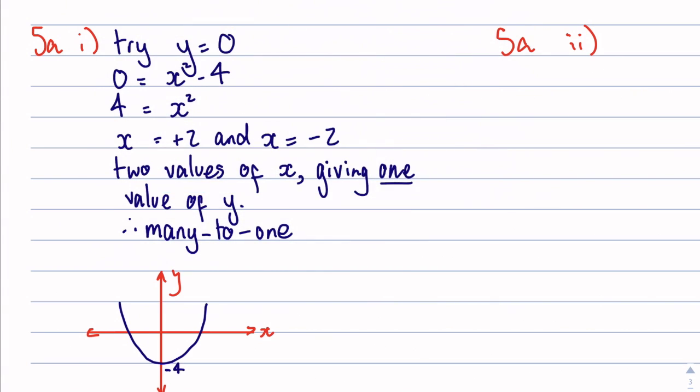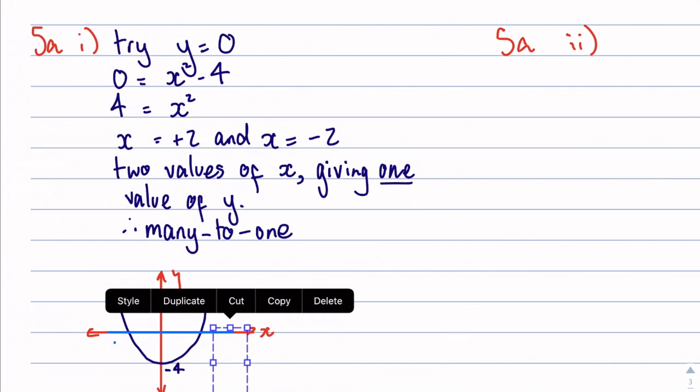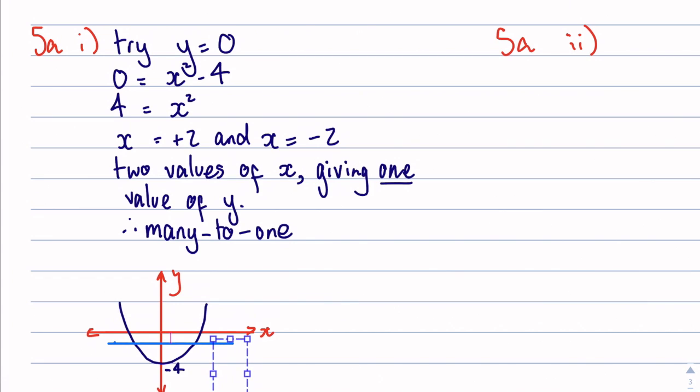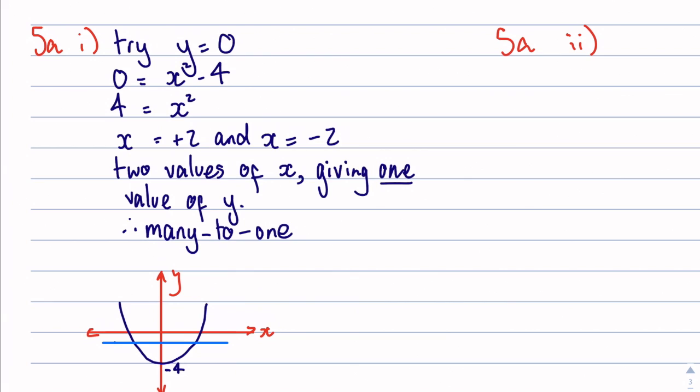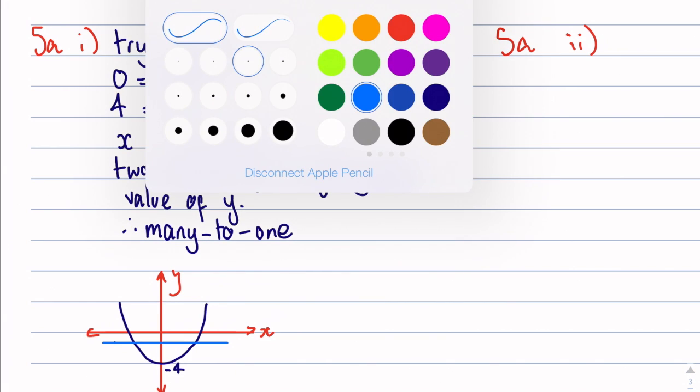And many to one means it fails the horizontal line test. Technically, the horizontal line test we just checked was that one, because we tried y equals 0. We could have done y equals minus 2, we could have done y equals 3, anything. We've just checked, and it fails the horizontal line test. Okay.